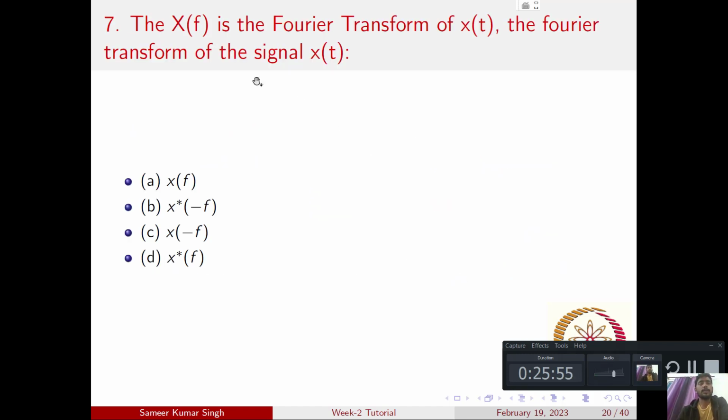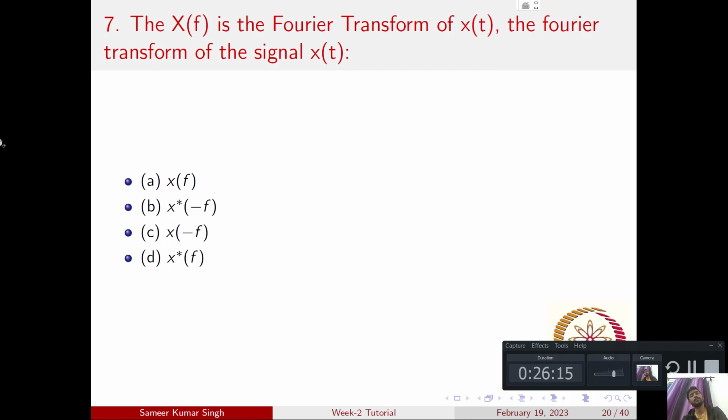So now we have question number 7. Let X(f) be the Fourier transform of x(t). Again, I'm repeating the question.